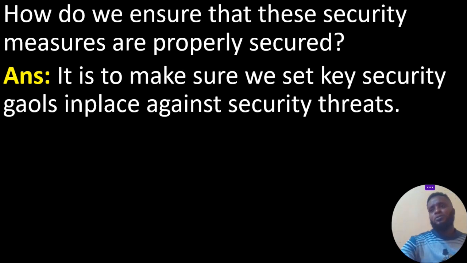Say for instance, you are setting up a router or a hub for a private network. The answer is that we make sure that we set key security goals in place against security threats. We are talking about security as a series, don't forget. So everything lies on security. If not because of threat and attack, there will be no need for security.